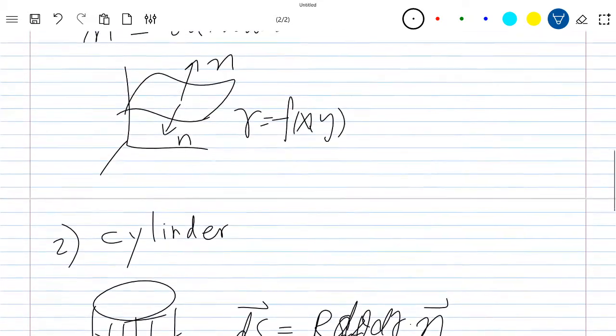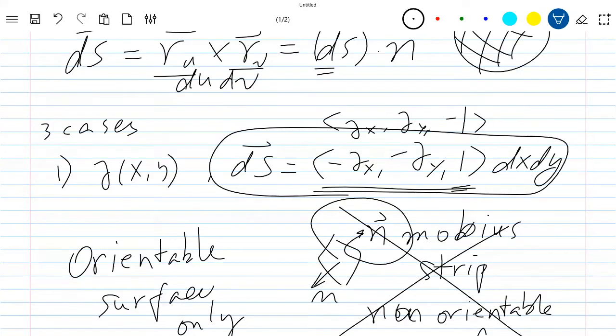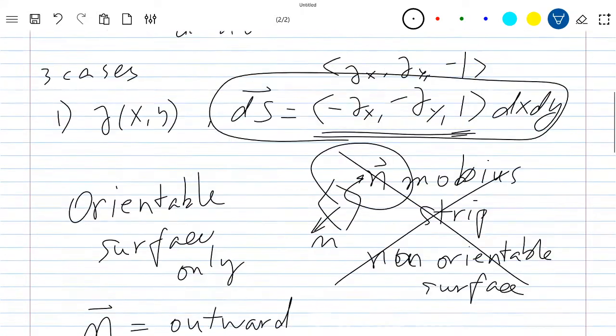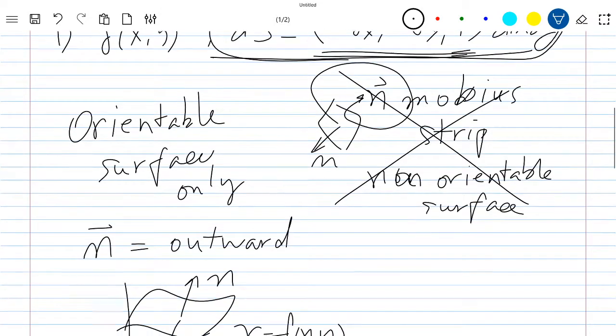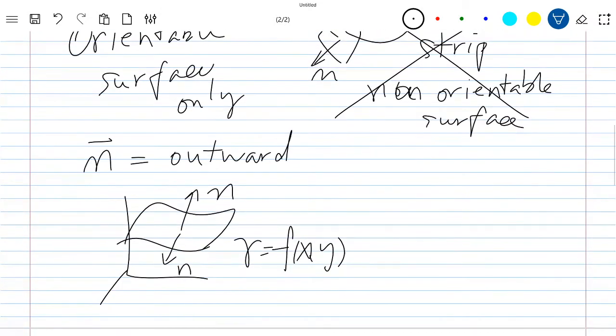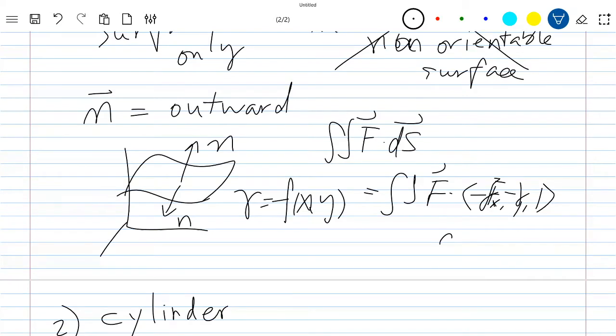Oh, I didn't write the integral for this one, so let me write it here. If you want to integrate, then you just write F dot this thing here, negative zx, negative zy, and 1, and then dx dy.